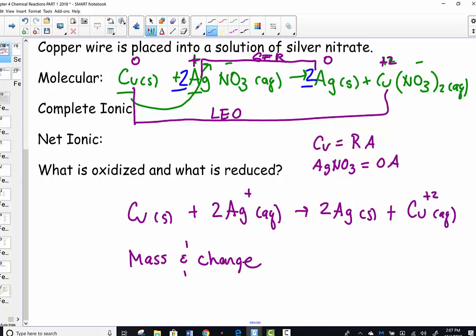There's the same number of each element on both sides of the equation, and the net charge on both sides of the equation is balanced. It's balanced by mass and charge. 2 silvers, 1 copper, oh yeah. Net charge on each side is both +2.